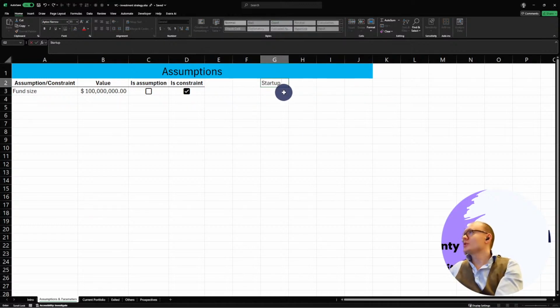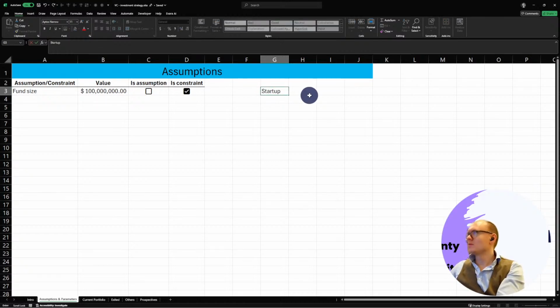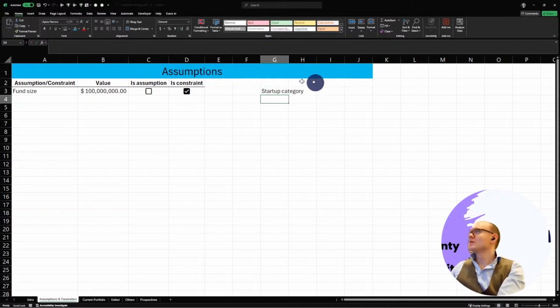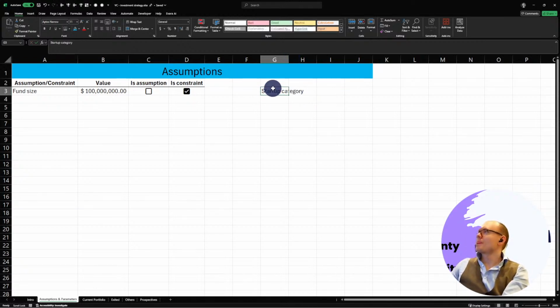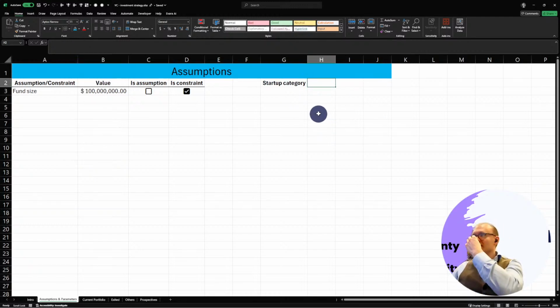Here we'll do startup category. Startup category here. And perhaps we also want that to look like this. But for now anyway, we don't want to have any borders. So we'll have startup category in this way.